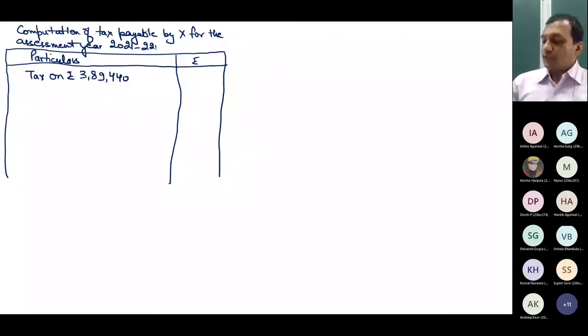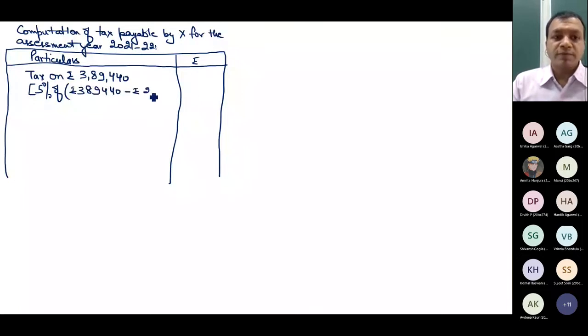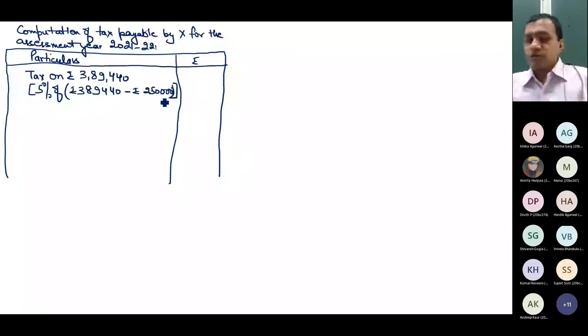Now tax on 389,440. If you remember, up to 2,50,000 it is tax free. 2,50,000 to 5 lakh it is 5%. So I will say that tax will be 5% of how much? 389,440 minus 2,50,000. This is how we compute the tax. So that will be 6,972.